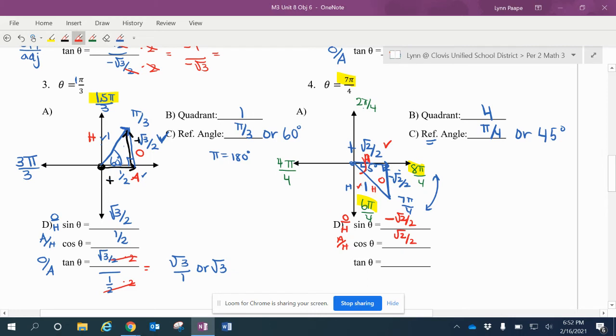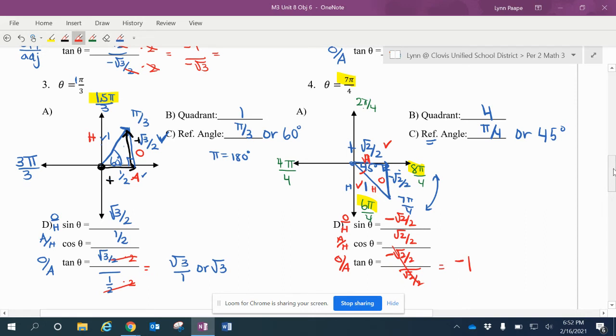And then dividing by the hypotenuse of 1 won't change the value. And then finally for tangent, so tangent is opposite over adjacent. So the opposite side is negative root 2 over 2, and then the adjacent side is root 2 over 2 as well. So I have like over like, but one of them is negative, so that would just reduce down to 1. So negative 1 over 1, or just negative 1.